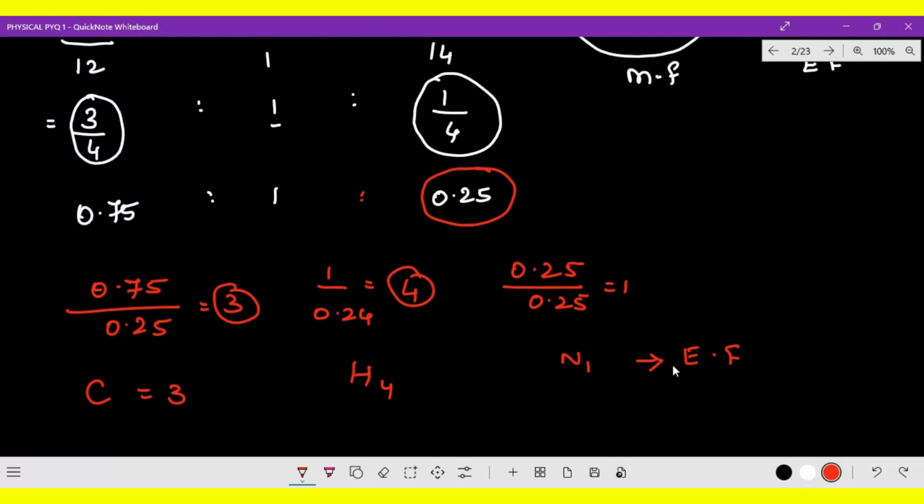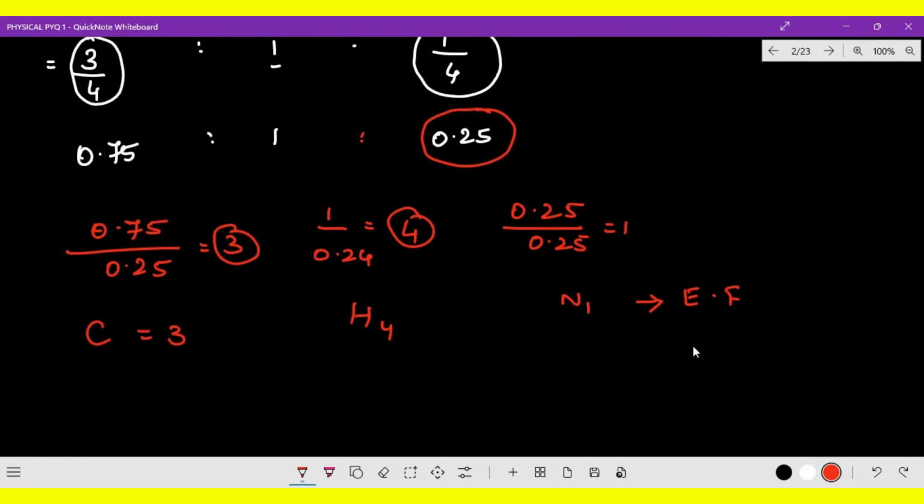So this is the simplest whole number ratio, that is the empirical formula. So the empirical formula is C3H4N. Now we have to identify the empirical formula mass. What is that?